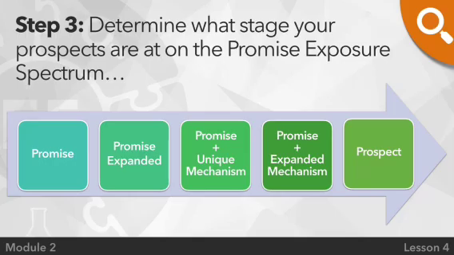But we have the ability to just remain in stage 3, because when you come out with a mechanism and then competitors come along and knock it off, you're not forced to stay with that mechanism and simply expand it. We can just create a new mechanism out of thin air, right? Once your unique mechanism gets knocked off, making it no longer unique, just a common mechanism now, we can engineer a new unique mechanism without having to go on to stage 4. I'm going to show you how to do that in a later module when we're going through the engineering stage.